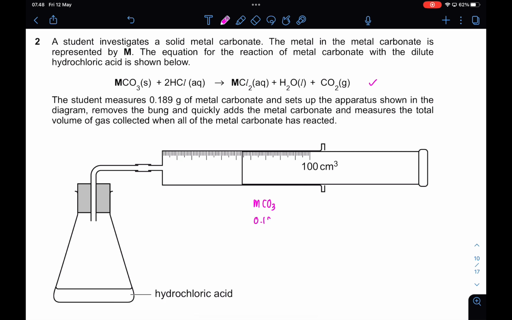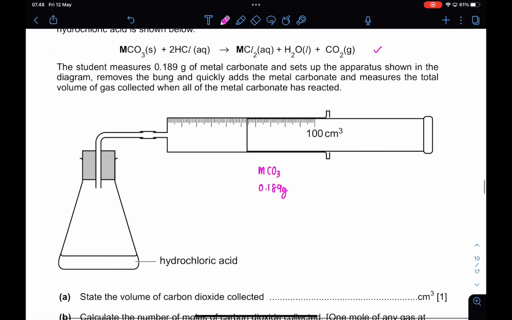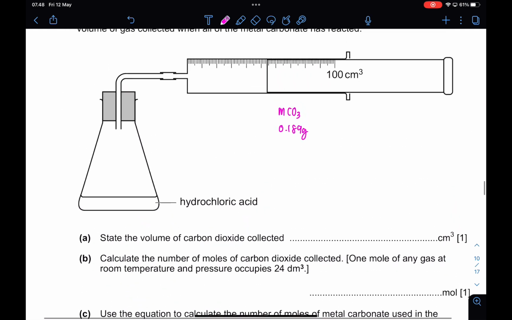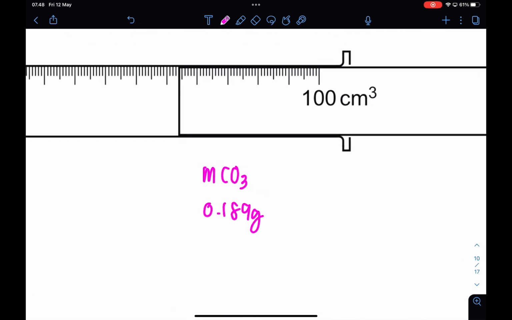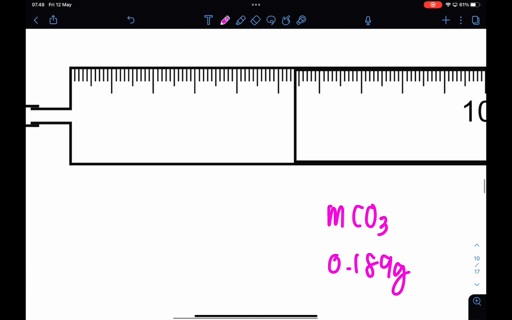So you are using the metal carbonate, MCO3, 0.189 gram, and sets up the apparatus shown in the diagram. Remove the bung and quickly add the metal carbonate and measures the total volume of the gas collected. So now state the volume of carbon dioxide collected.